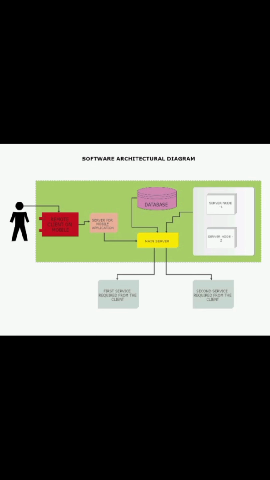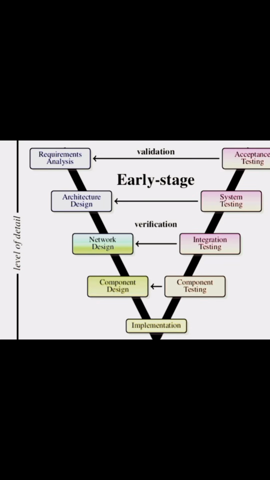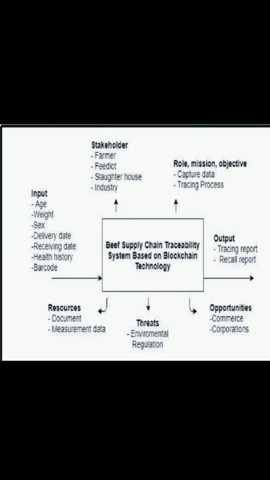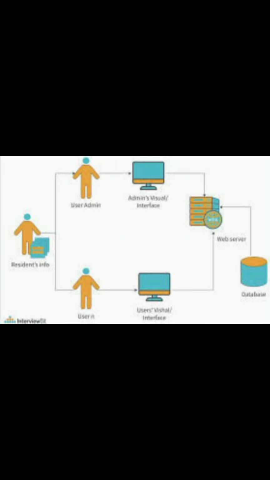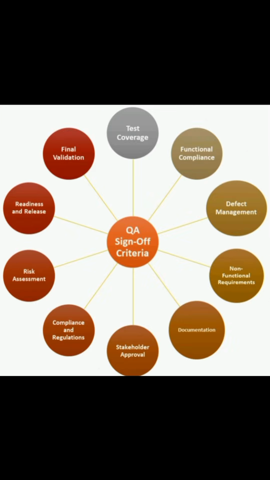Now, my dear friends, we will be dividing this entire phase into two phases. First is high level design and second is low level design. Now, high level design. Well, what is high level design, right?